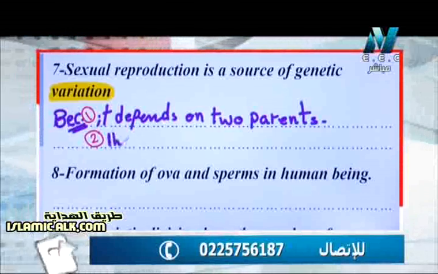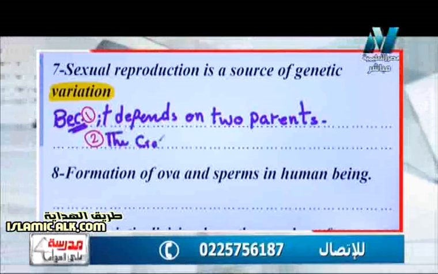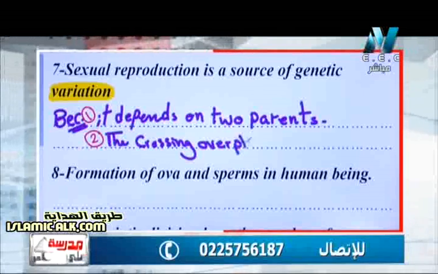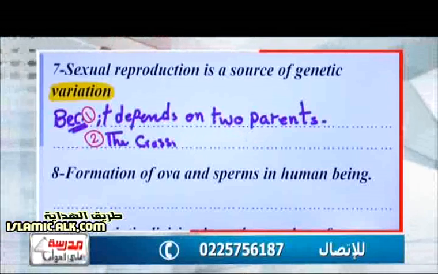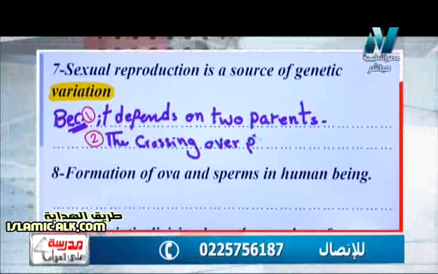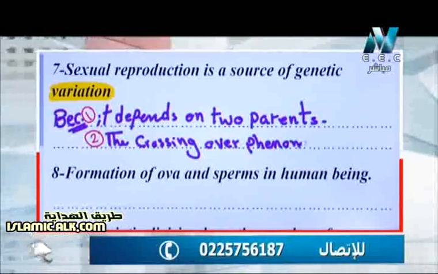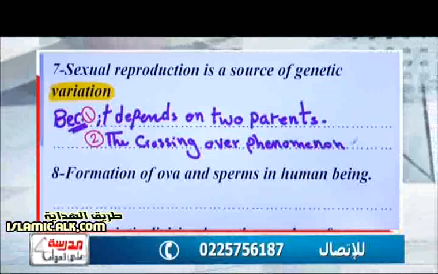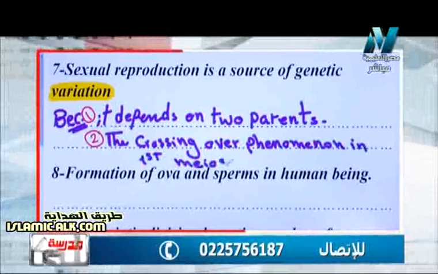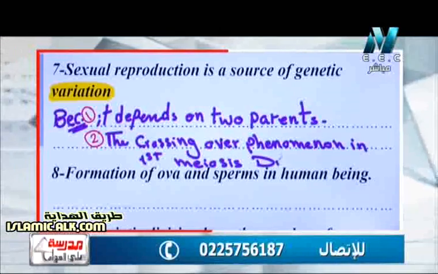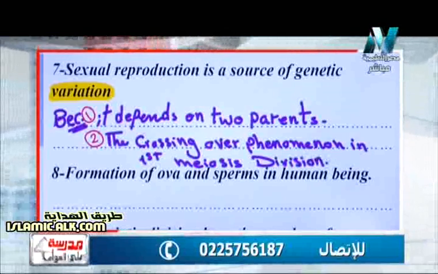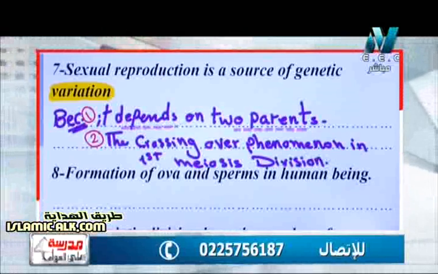the crossing over phenomenon. واحنا we know crossing over phenomenon in first meiosis division. يبقى هنا هقول له depends on two parents بيعتمد على اب وام.